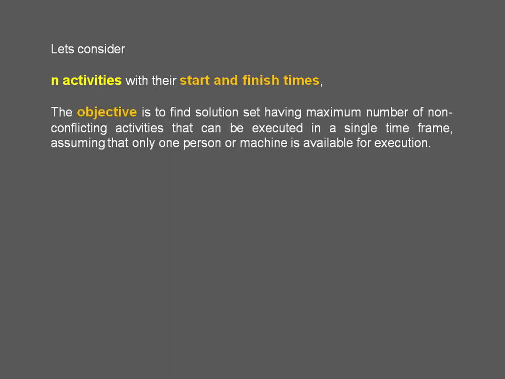Let's consider that we have n activities. These n activities will have their own start time and finish time. Our objective is to find the solution set which has the maximum number of non-conflicting activities that can be executed in a single time frame, and we assume that only one person or only one machine is available for the execution.